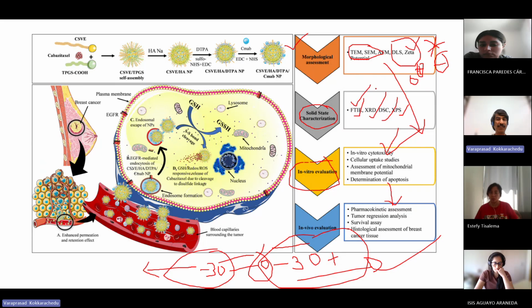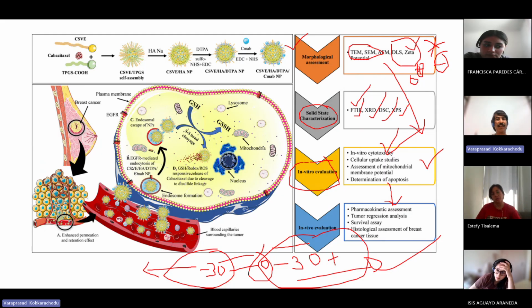Once we confirm the nanoparticle is non-toxic, and sometimes we also need to know how much concentration we need to kill the cancer cells or for antibacterial use, we study in vitro release studies. Then after that, we use in vivo applications. This is the process we need to follow for any kind of application.